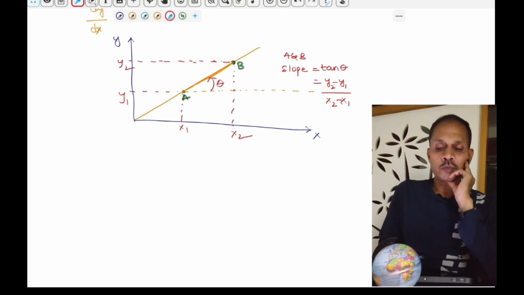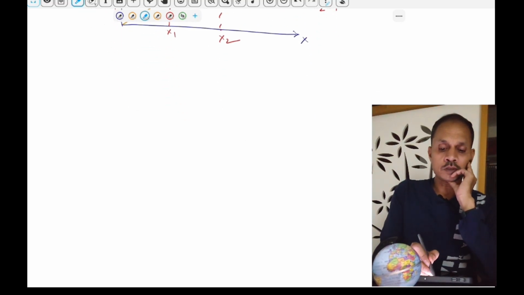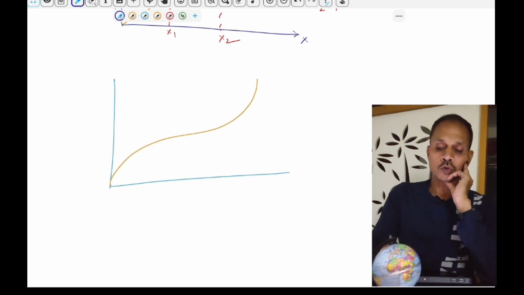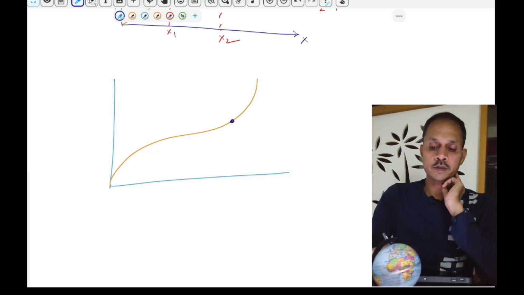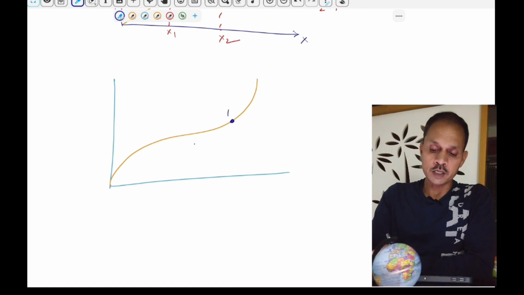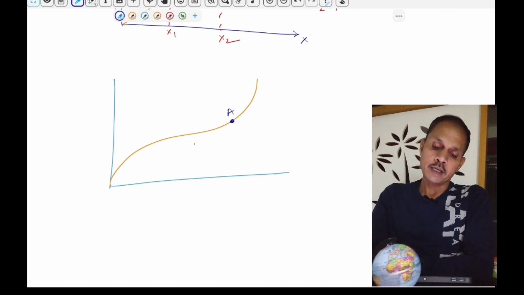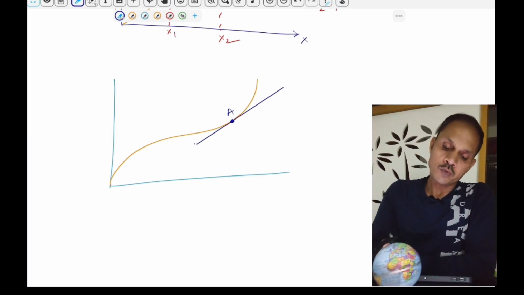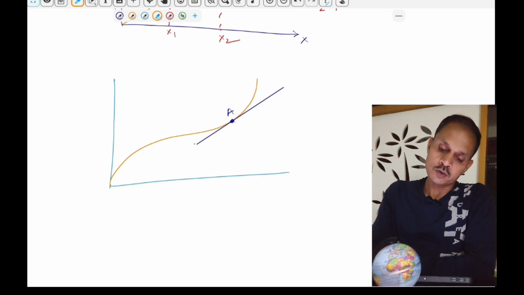If I want it at a single point, let us say the graph is a curved line, something like this, and I want the slope at this point. Let's say A. I draw a tangent at point A first of all. Then I find the angle made by this with the x-axis. If I draw a parallel line to the x-axis, this is the angle made.